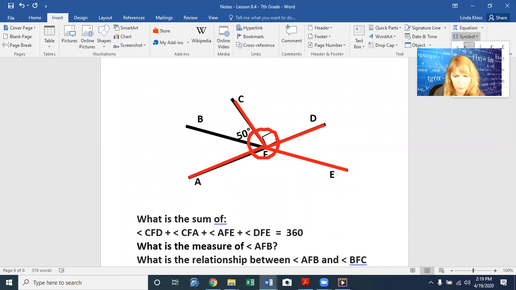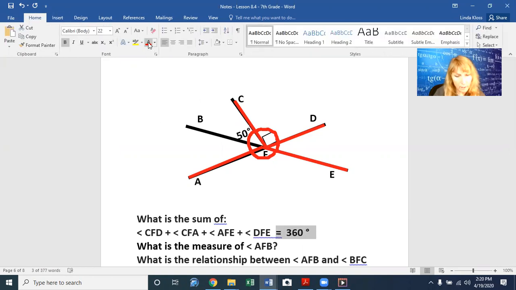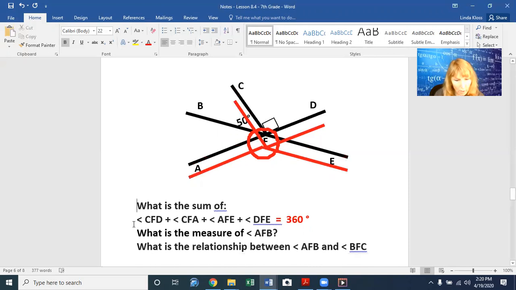Right there, 360 degrees. So let's highlight that in red. So that's why a circle is always 360 degrees. It forms from four angles. So if you add up the sum of CFD, CFA, AFE, and DFE, you get 360 degrees.